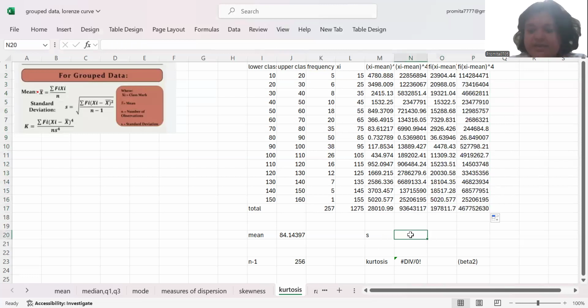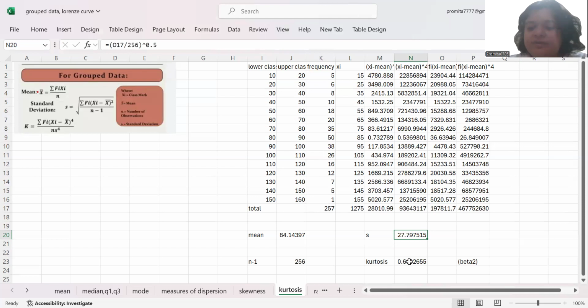So first we have to calculate the standard deviation, which is this divided by 256 here. This is the variance, and standard deviation will be the square root of this thing, 27.797515. So this is the standard deviation. And then we calculate the kurtosis.